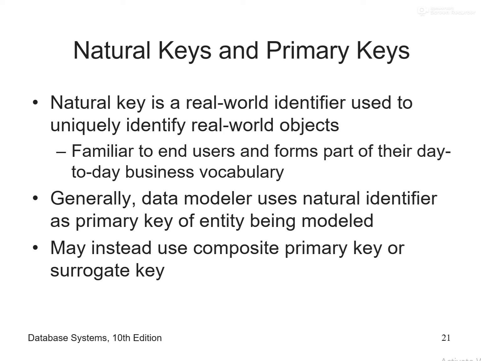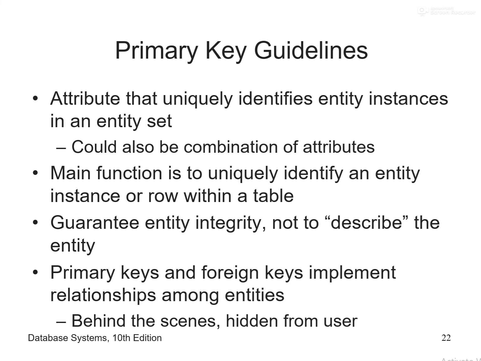If there is no single attribute that can work as a primary key, then you can use a composite primary key or a surrogate key as well. As we know, a primary key is a single attribute or combination of attributes which uniquely identifies entity instances in an entity set.